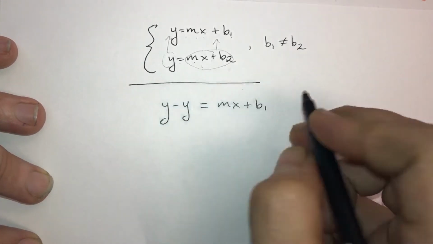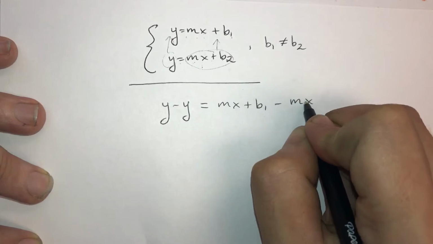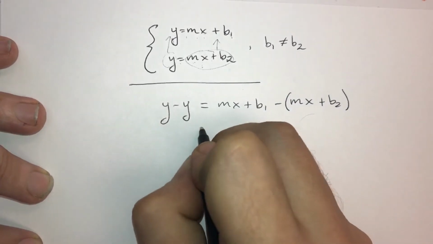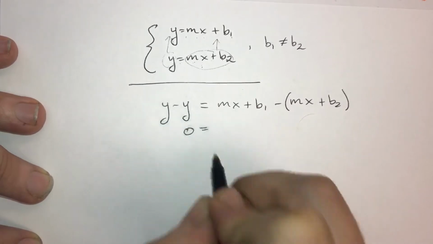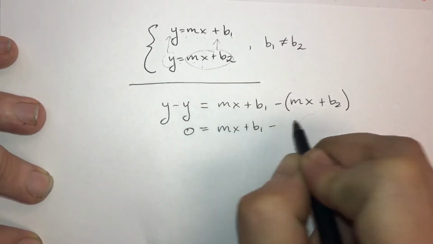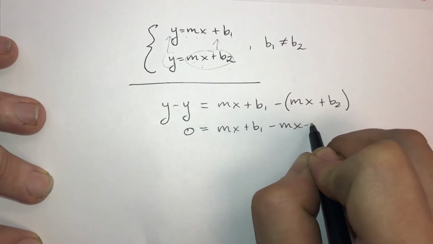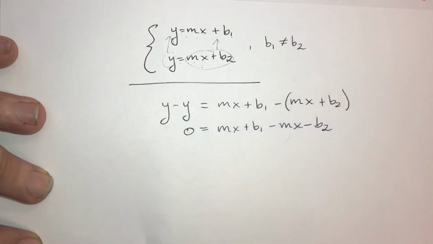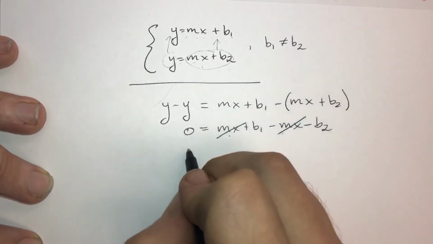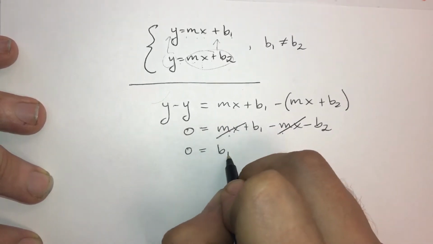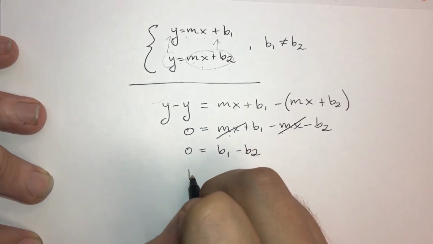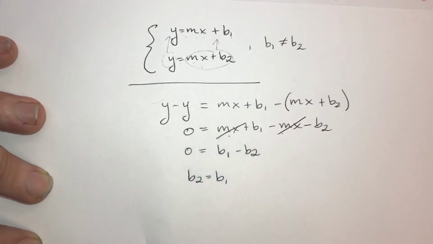So I get y minus y, and I get minus (mx plus b2) on this side. y minus y is 0. On the right side, mx plus b1 minus this quantity. Let's just distribute the minus sign so we don't have any questions about it. Then we get mx minus mx, those go away, and then we just get 0 equals b1 minus b2. Or if I add b2 to both sides, I get b2 equals b1.